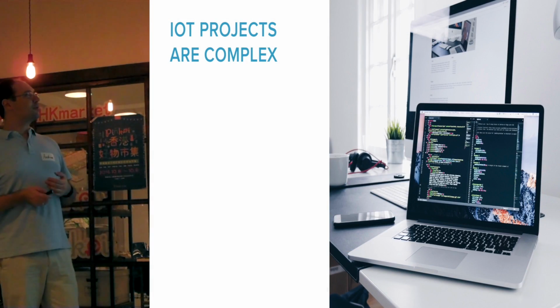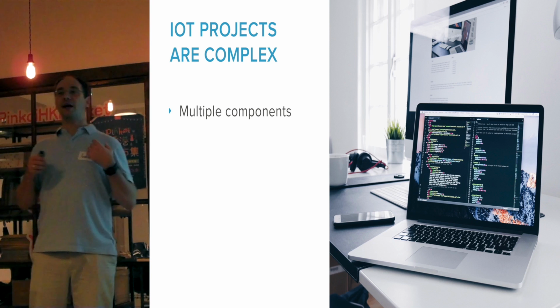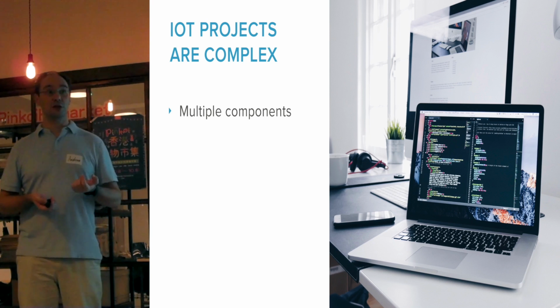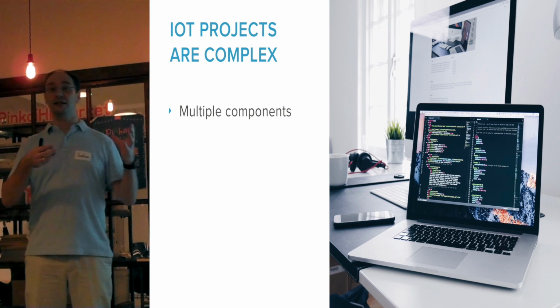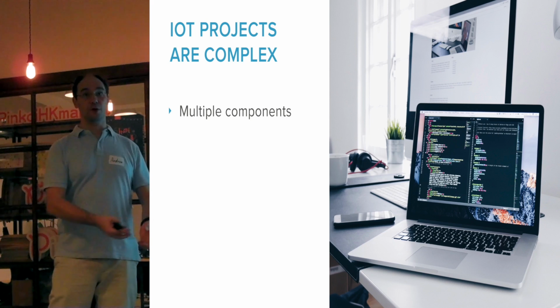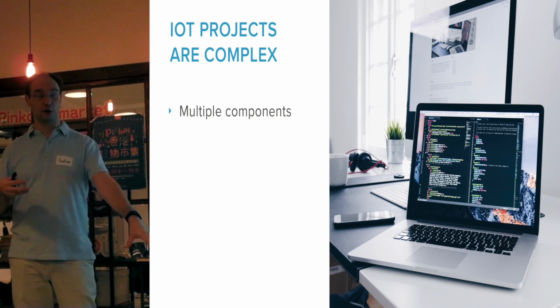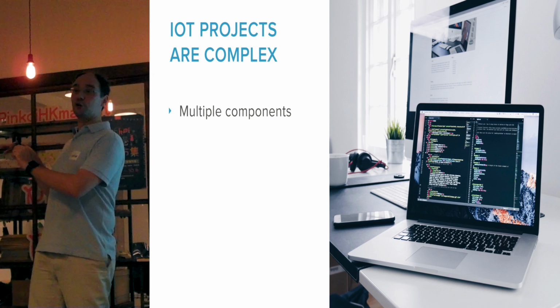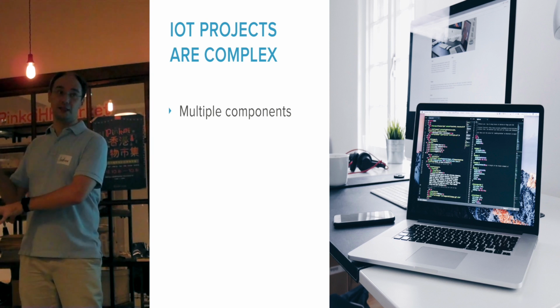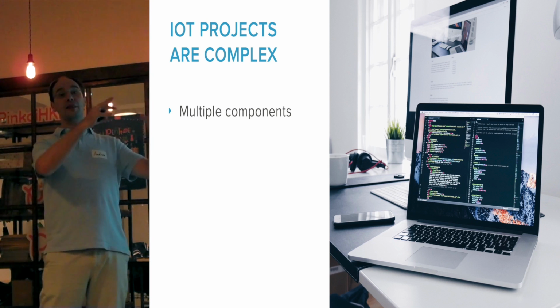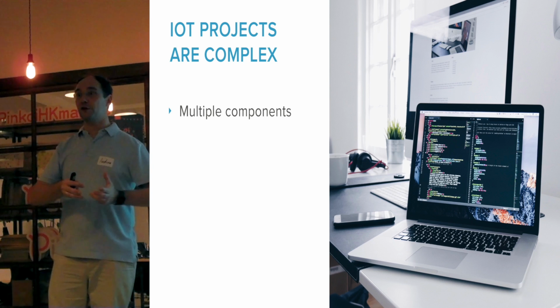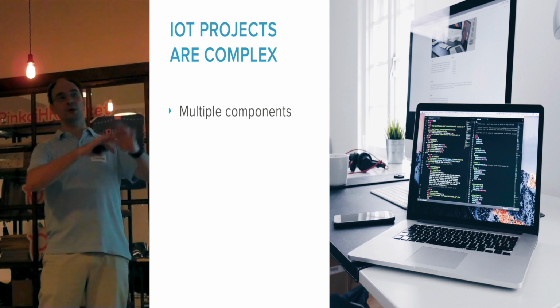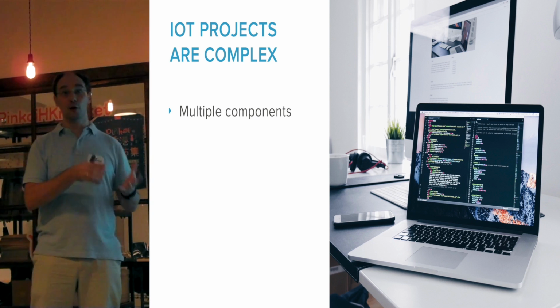So, why is an IoT project complex? First of all, there are a lot of components in an IoT project. There is the circuit board, there is the firmware software inside the board, there is the software outside that controls it, like a mobile app. There is the other hardware around the PCB. So it could be glass, metal, the enclosure.